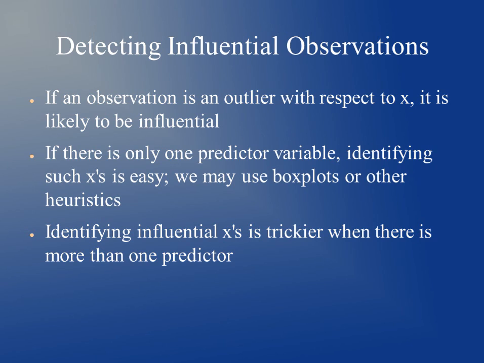And if we have only one predictor variable, identifying these outliers with respect to x is easy. We can just look at the plot like we did in the previous slide. We can use box plots or other techniques that we've gone over before. But if we have more than one predictor, it becomes a lot trickier.